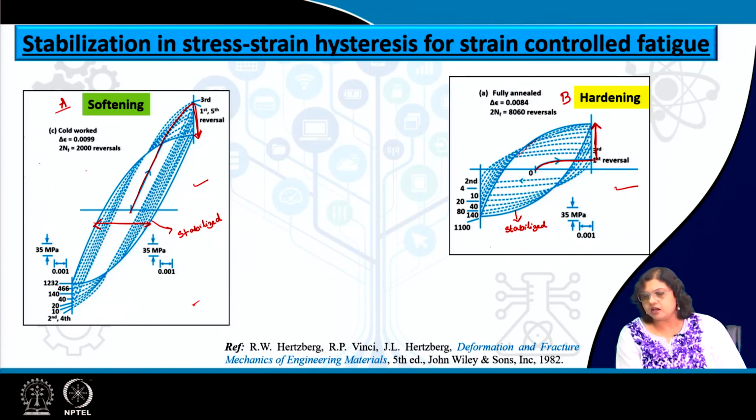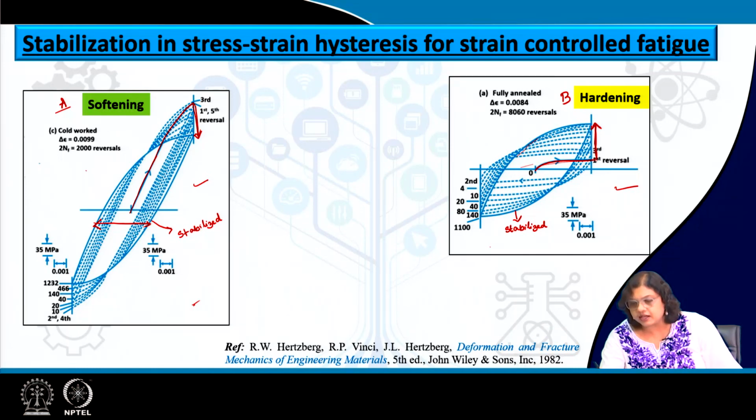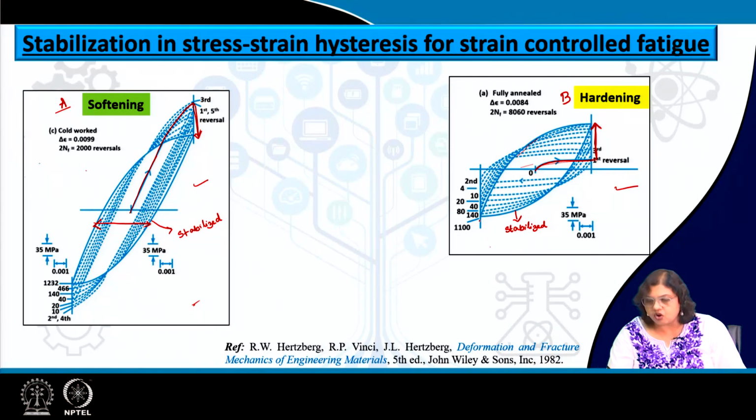On the other hand, if we are comparing the first hysteresis loop, including the first and the second cycle and so on, we will see that it definitely achieves a longer and thinner hysteresis loop in this case, and that signifies hardening.